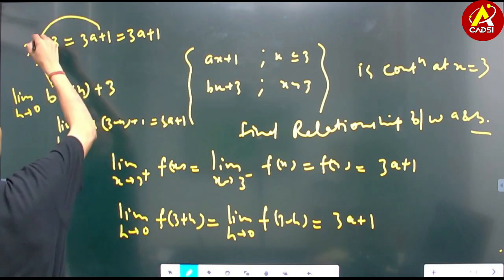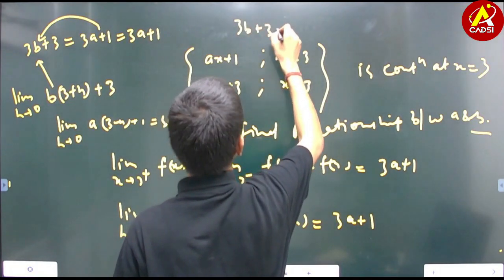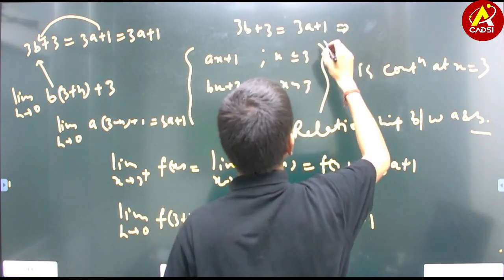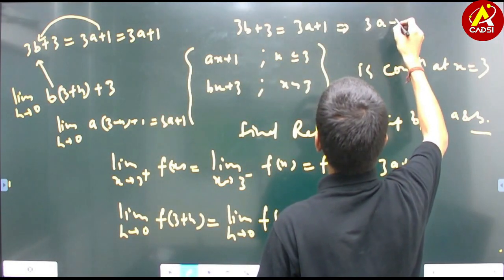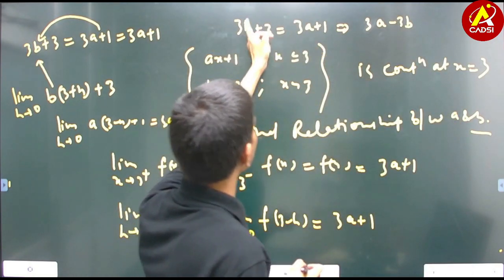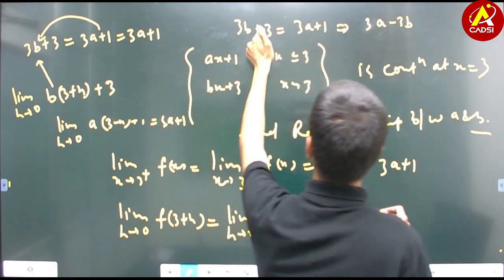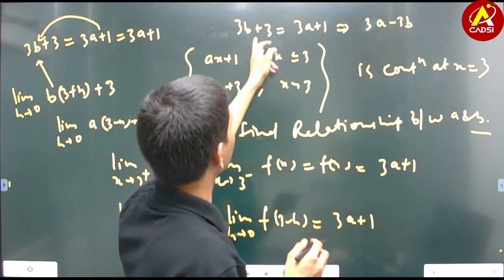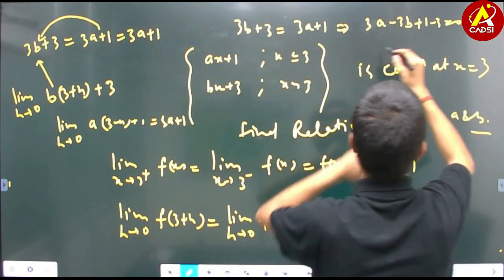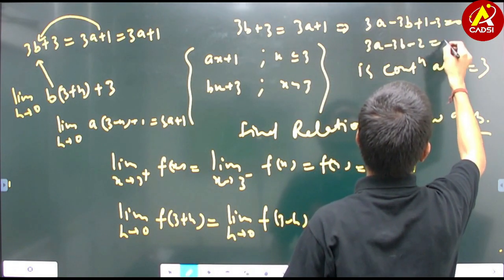So what will be the relation? 3b plus 3 equals 3a plus 1. So we get 3a minus 3b, and then plus 1 minus 3 equals 0. So 3a minus 3b minus 2 equals 0.